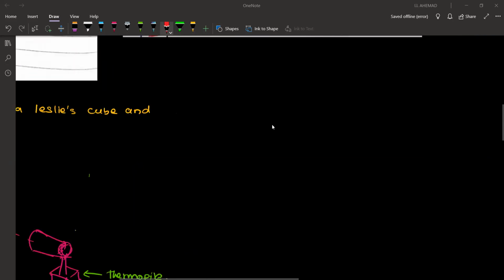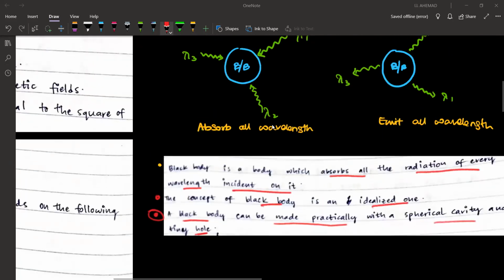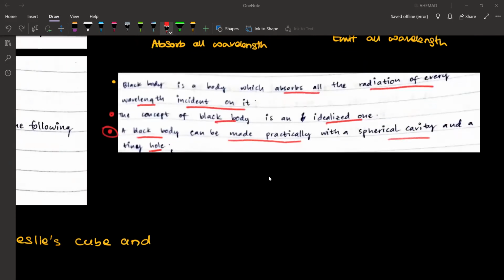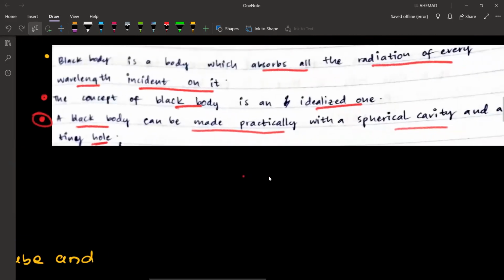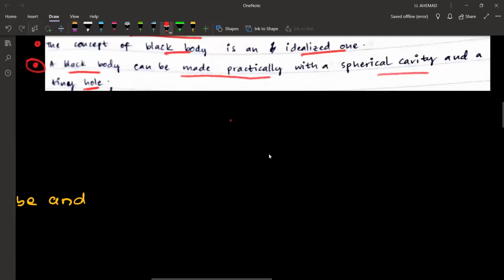So let's look at the third point. It is mentioned that we can make a black body practically with a spherical cavity and a tiny hole. It's like this.